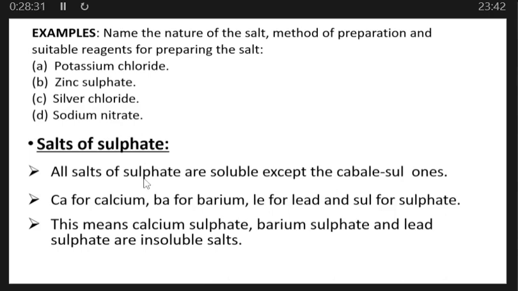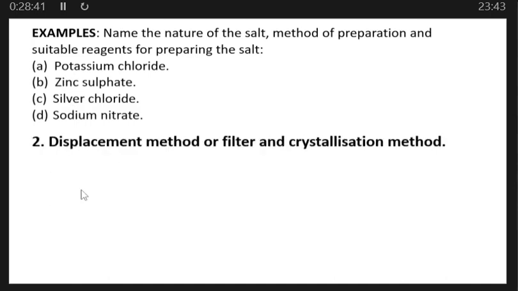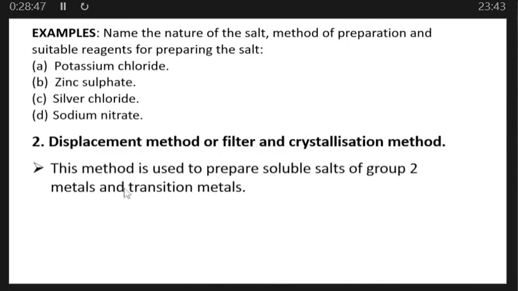All right. Then the method for preparing zinc sulfate, since zinc is a transition metal, the method must be what? Displacement method or filter and crystallization, because we said this method is used to prepare soluble salts of group 2 metals and transition metals.